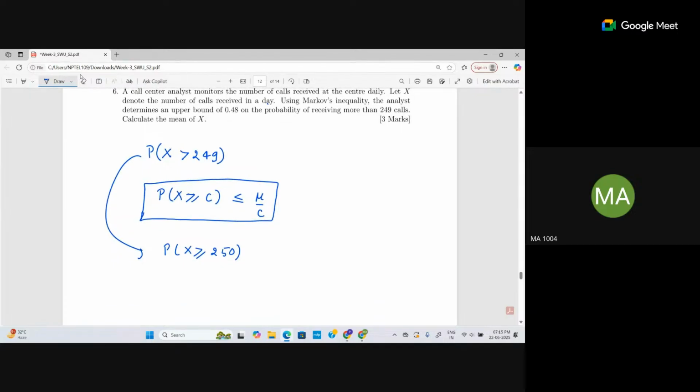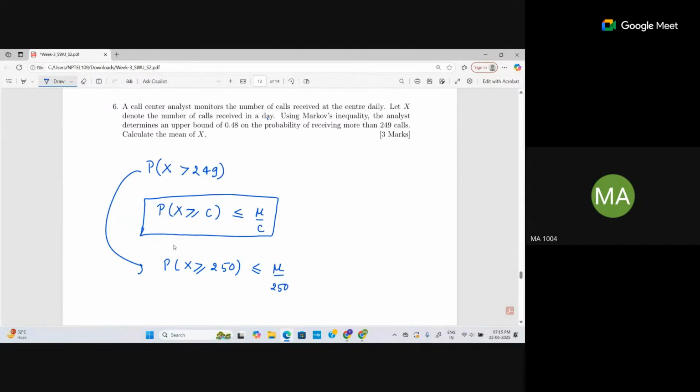Now by using the Markov's inequality, this should be less than or equal to mu by C. So C is what? C is 250 here, right? So we can write it as mu by 250. Okay. Now this probability is given to us as 0.48.